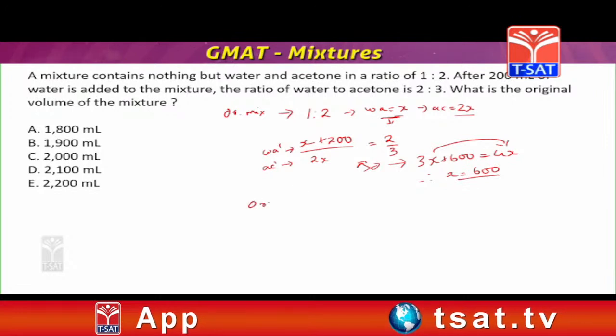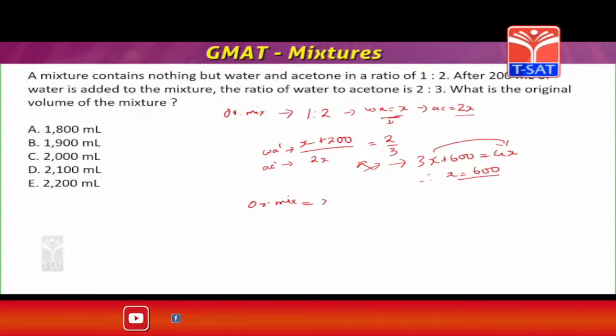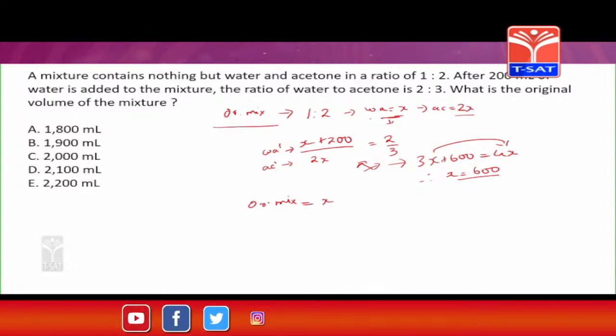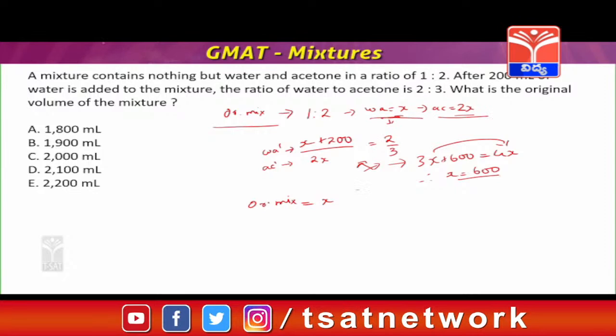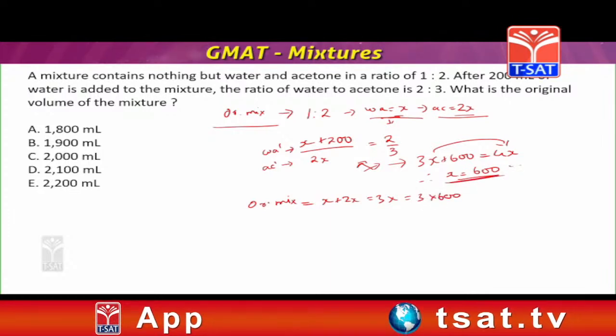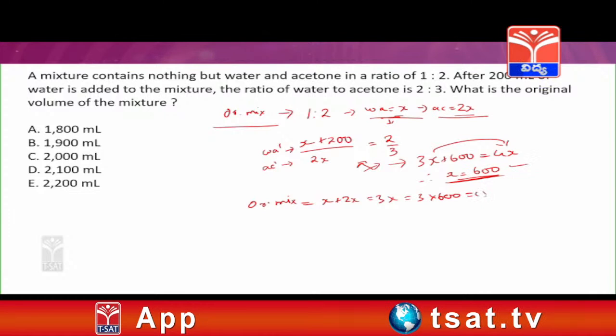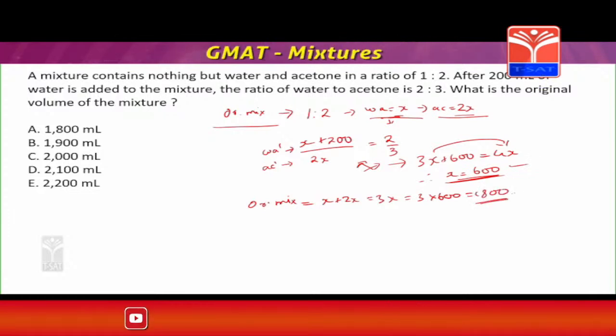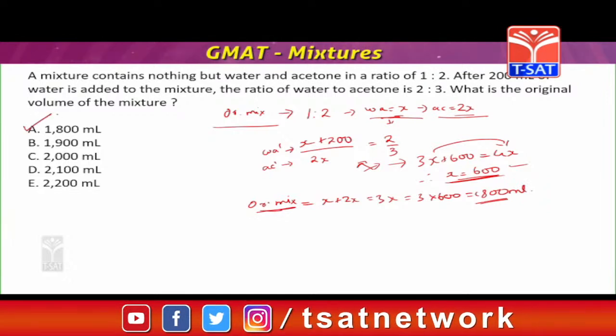So, the original mixture has water x and acetone 2x. So, the total will be x plus 2x, which is equal to 3x, that is 3 into 600, since we got x as 600. So, 3 into 600 is equal to 1800. The 1800 ml is the original mixture volume, so the answer is option A.